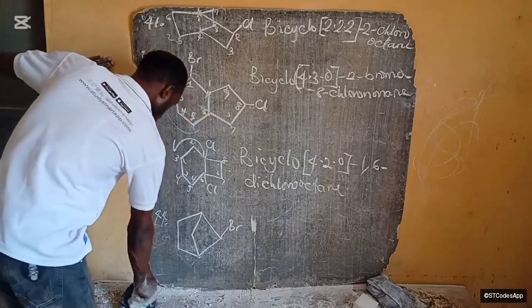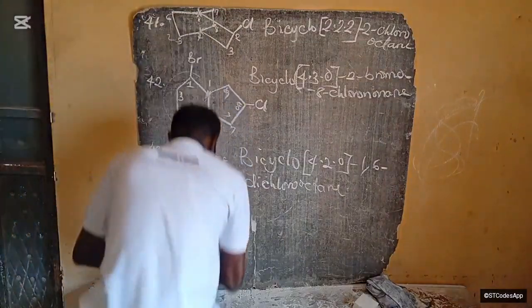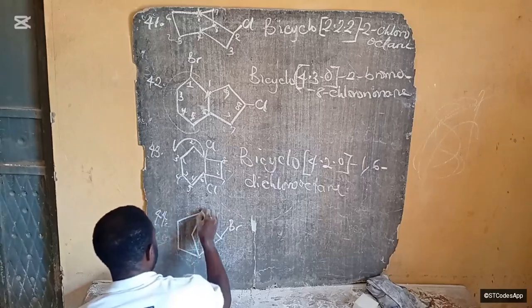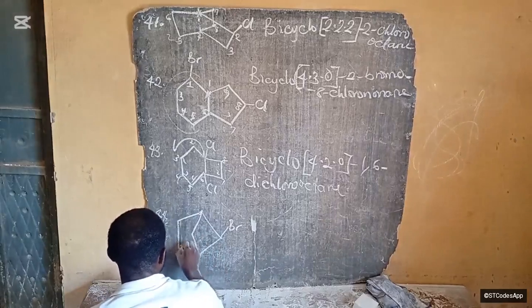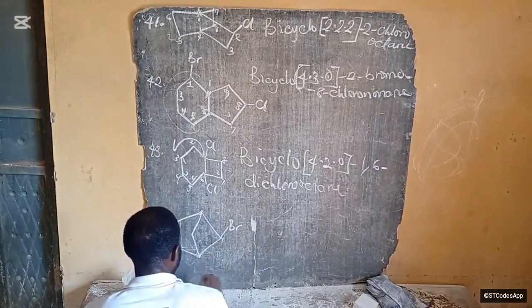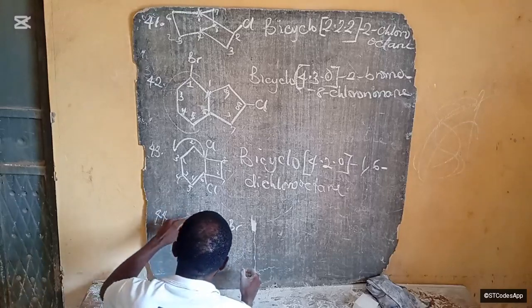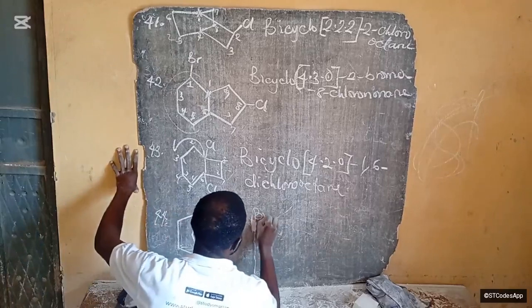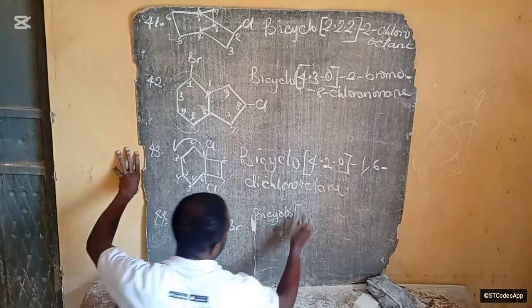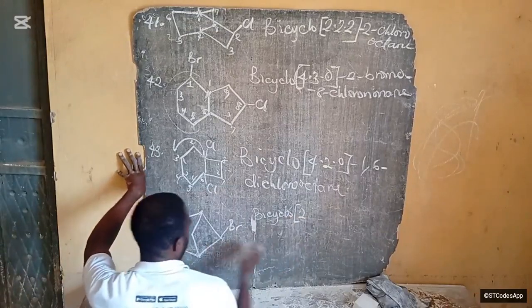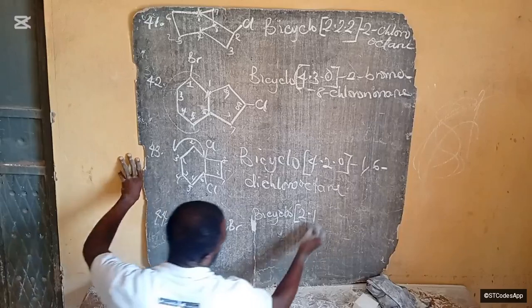Okay? The next case, we're going to have this guy. These are our bridgehead carbons. This has 1, 2 carbons, and this guy has 1 carbon. So we're going to have bicyclo 2, 1, and this also has 1 carbon. So 2, 1, 1.